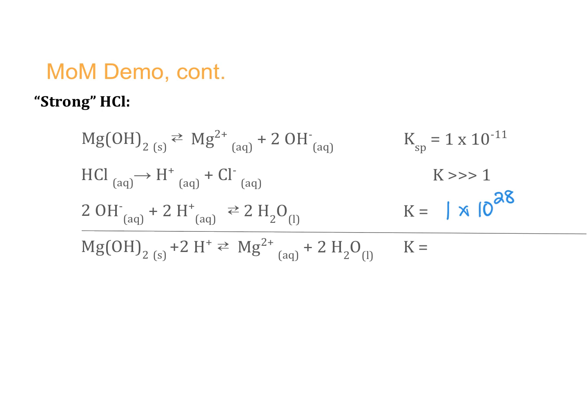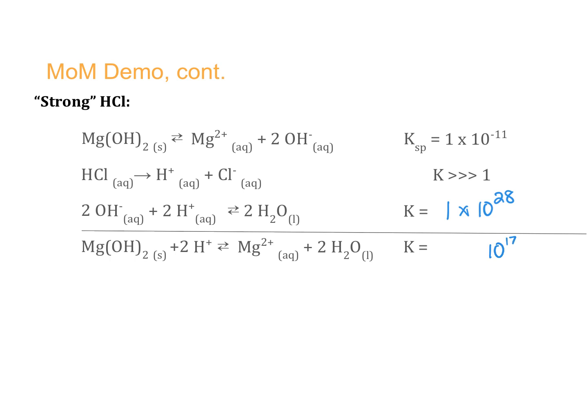So if we add all of that together, what's essentially happening here is that the magnesium hydroxide solid is being neutralized by the acid that we are adding to make magnesium ions and water. And since we are adding up 3 processes, we multiply the K values. So if we multiply 10 to the negative 11th times 10 to the 28th, that gives us 10 to the 17th. That's really big just in and of itself.